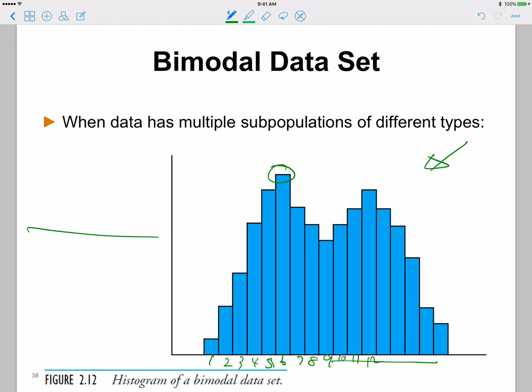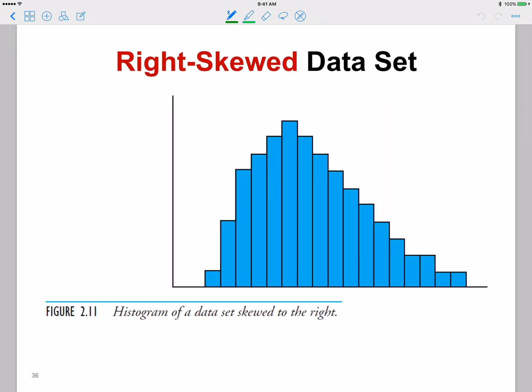Okay, let me get back to this skewed data. Where is the mode? The mode is somewhere here, so this is our mode. And then where will the mean be? Is the mean to the right or left of that one?